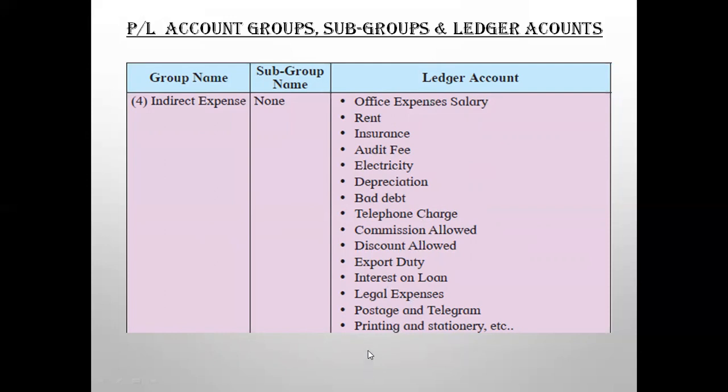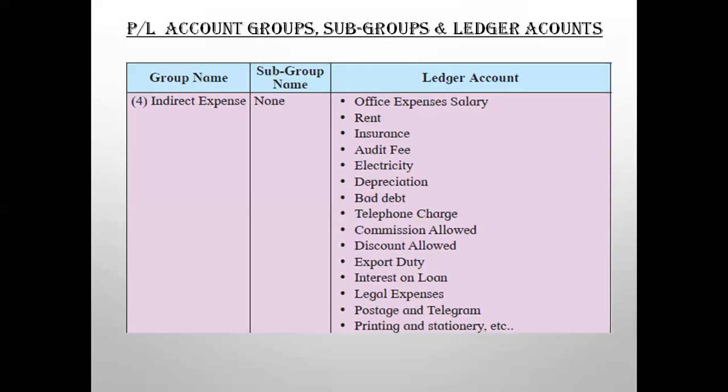There's a huge list, many more are there. These are some examples to summarize. So these all are the ledgers to be created under the group indirect expenses. So here you have the profit and loss account groups. So these are groups and these are ledger accounts which you have to learn. Okay.